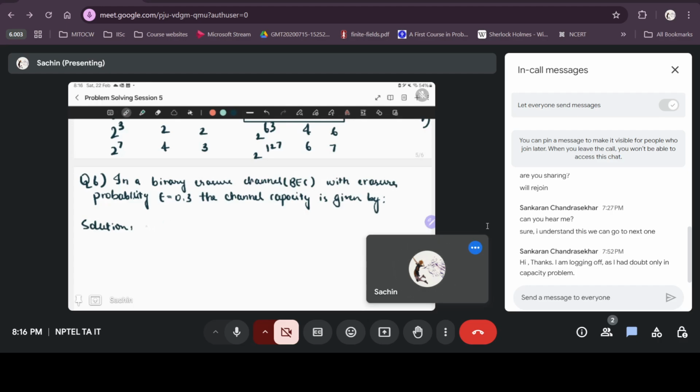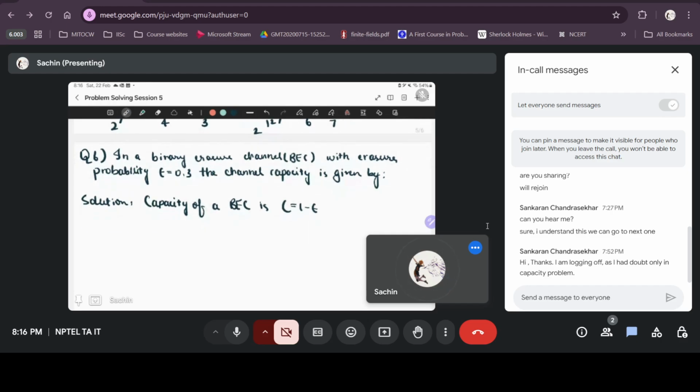We know that capacity of a BEC is C is equal to 1 minus epsilon. Epsilon is equal to 0.3, therefore capacity is 1 minus 0.3, which is 0.7.